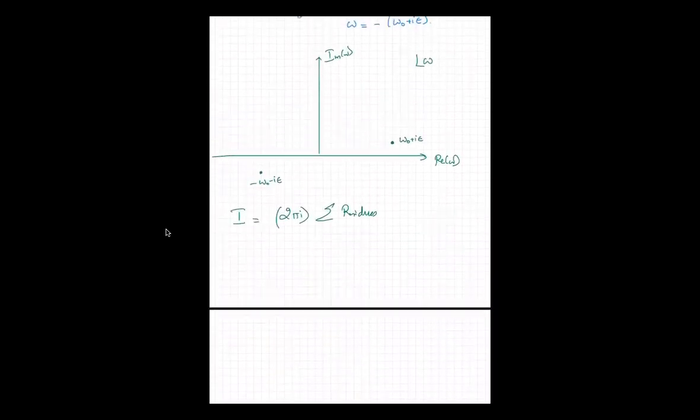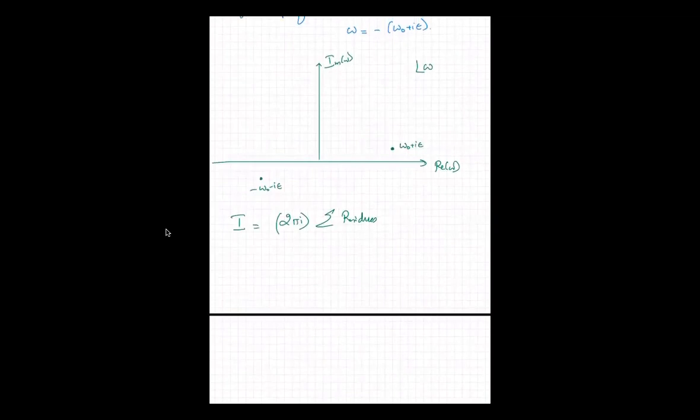Okay. So then if I choose a contour that is in the top half, I can choose the pole at plus omega 0 plus i epsilon. If I enclose the contour in the negative plane, I will enclose the pole at minus omega 0 minus i epsilon.